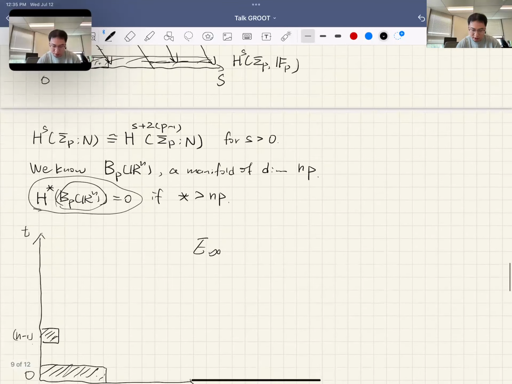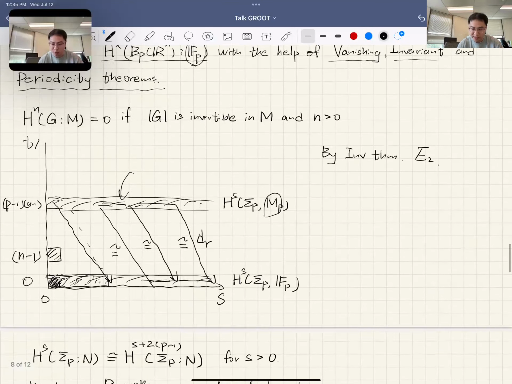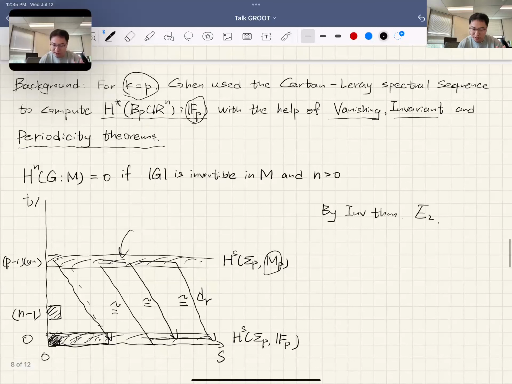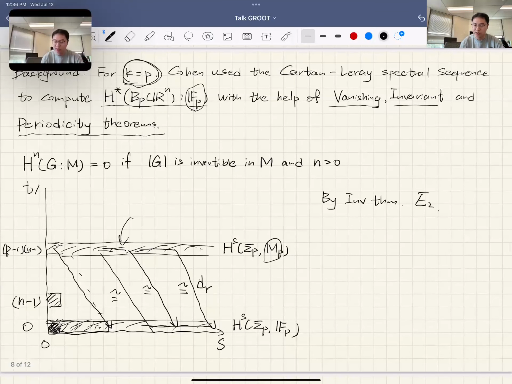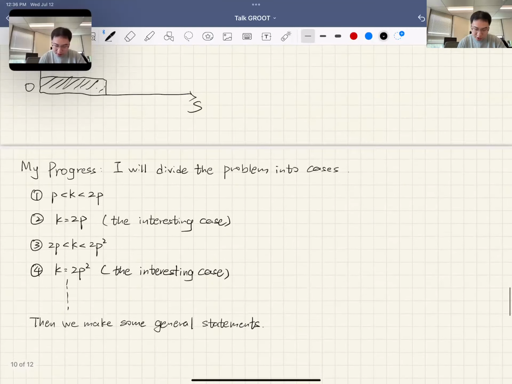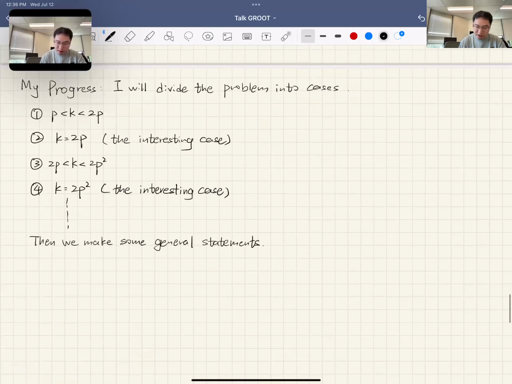Okay, so I'm going to keep using the same technique to approach other cases when k is greater than p. I'm going to keep using the Cartan-Leray spectral sequence. I'm going to keep using the map between spectral sequences. Okay. So I'm going to divide the problem into some cases.